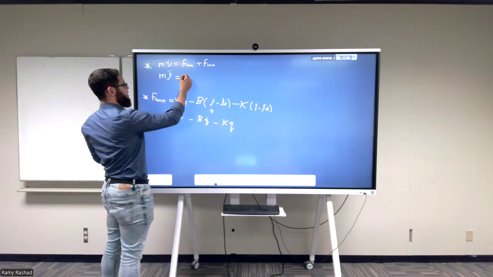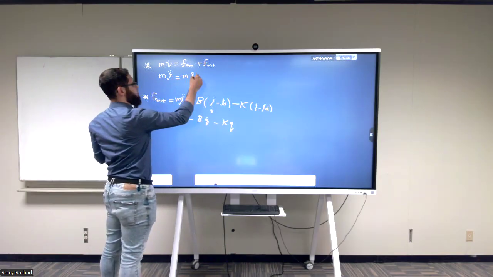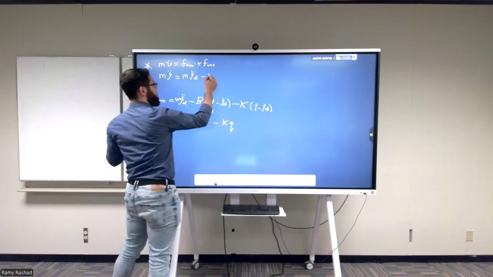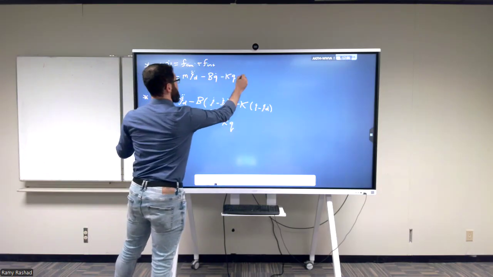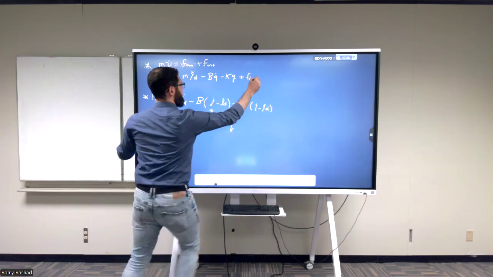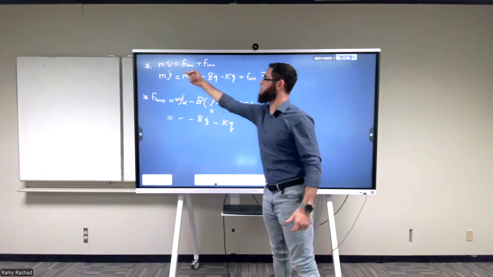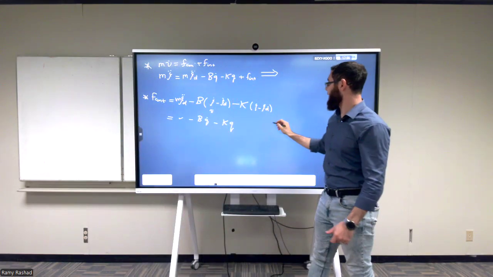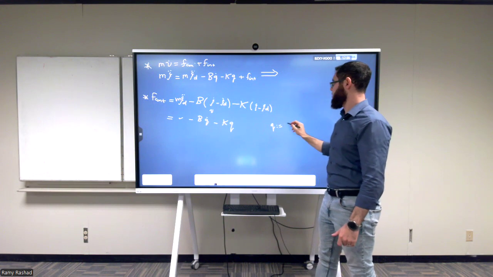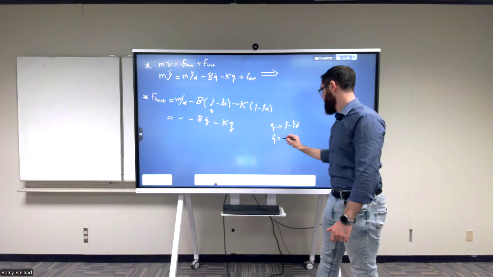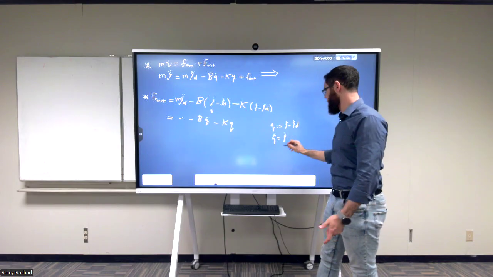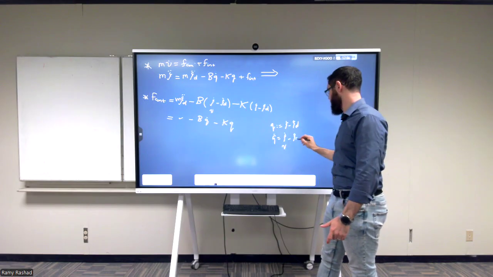So when I plug in this part, I get m psi double dot minus b q dot minus k q plus the f interaction. So just put all of these terms on the other side. And remember that q was actually defined as psi minus psi desired. The q dot is the psi dot, or the v, minus psi desired dot.